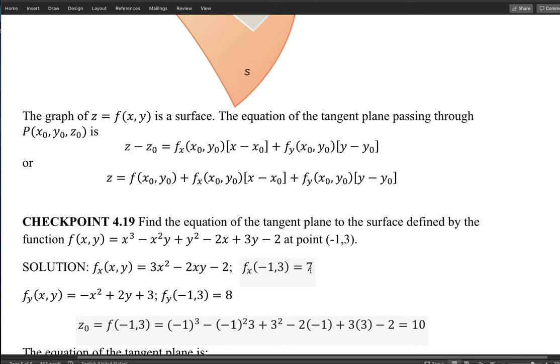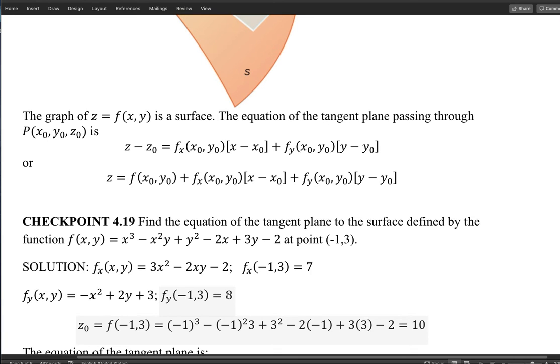Number 7. And then similarly, the partial derivative with respect to y. The derivative of x cubed is 0, and the minus x squared gives 4y, plus 2y, and then plus 3. Similarly, I plug in the same ordered pair for the partial derivative with respect to y, and my calculation is 8.